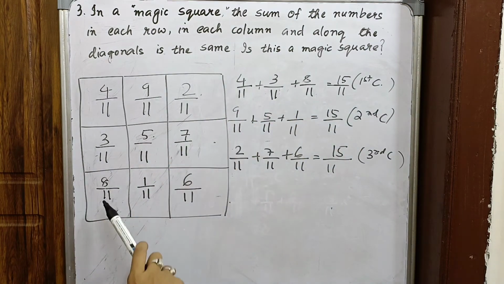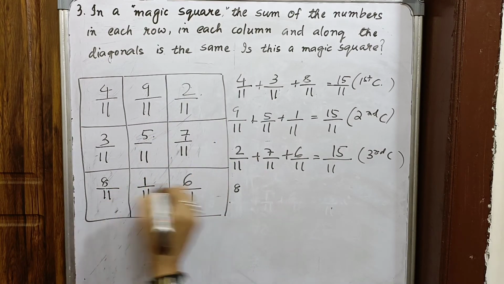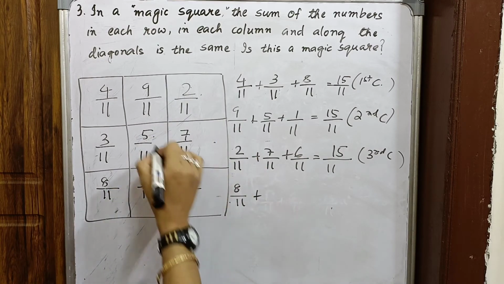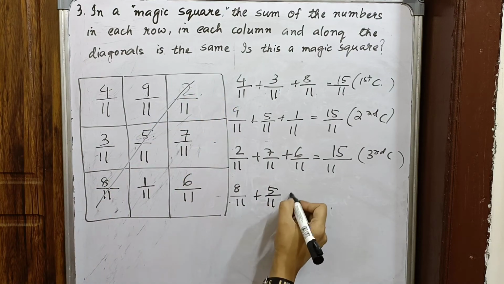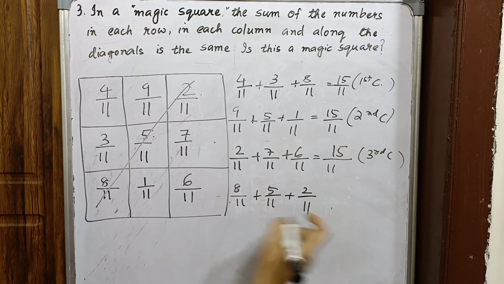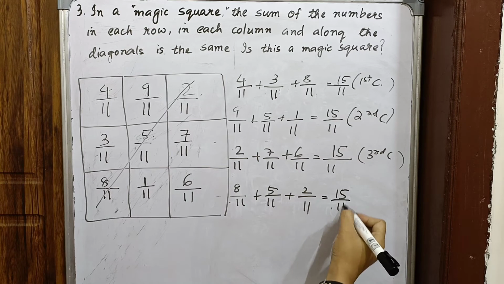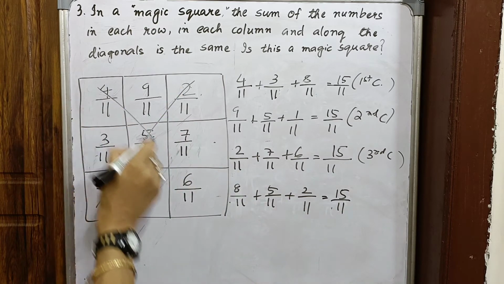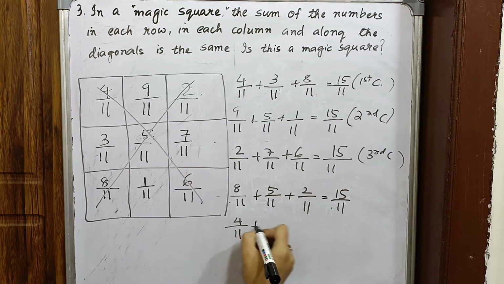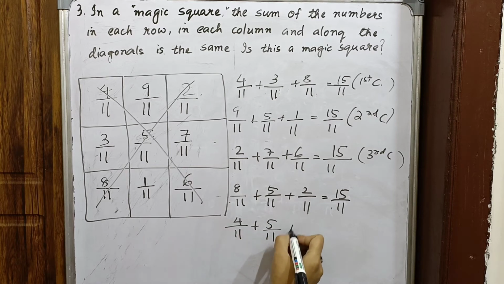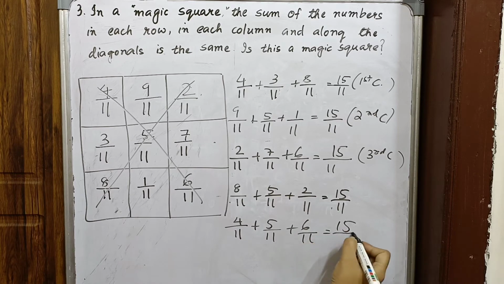In the diagonals also you see 8 plus 5 by 11 plus 2 by 11. 8, 9, 10, 11, 12, 13, 14, 15 by 11 in this diagonal, and in this way also we will see 4 by 11 plus 5 by 11 plus 6 by 11, which is also 15 by 11.